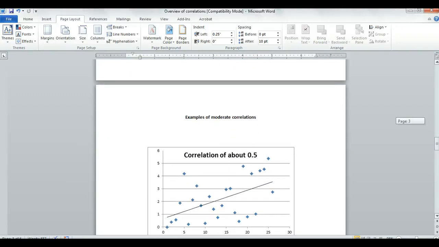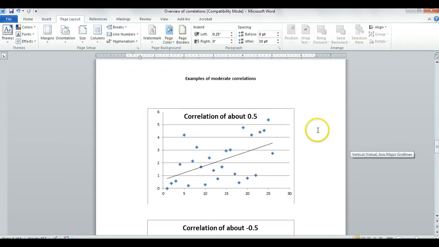What about moderate correlations? With moderate correlations, you do see a pattern. In the case of a positive 0.5 correlation, the points tend to line up so that if x is low, then y is low, and if x is high, then y tends to be high. But there are also exceptions, like this point right here where you have someone who is low in x but high in y.